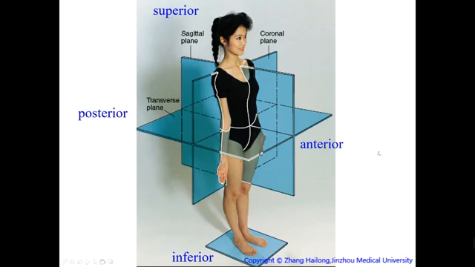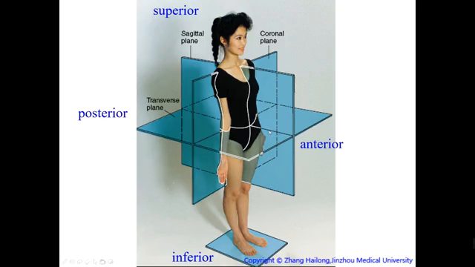Now let's see them again. This woman, this position, what's the name of the position? Yes, anatomical position. First the body is erect, then face forward, palms face forward, toes face forward, and the two upper limbs hang down beside the trunk. Then you can see there are three axes.